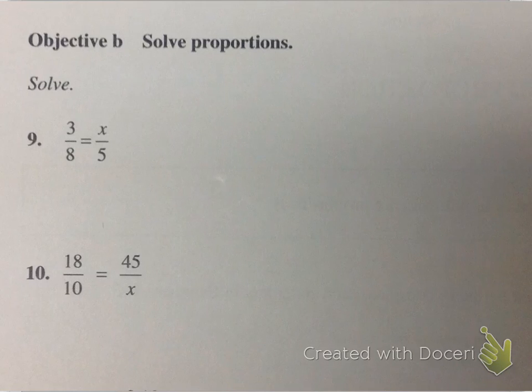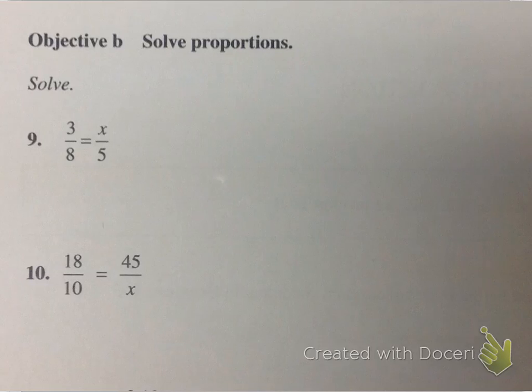So what happens if, like in these problems, one of the pieces is missing and we have to find the missing piece to make sure that they are a proportion? We can use the idea of cross products to help us solve proportions.